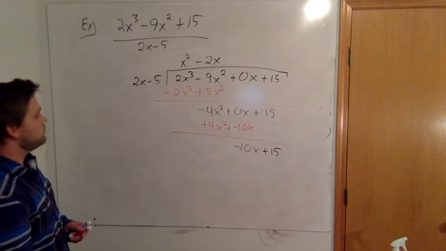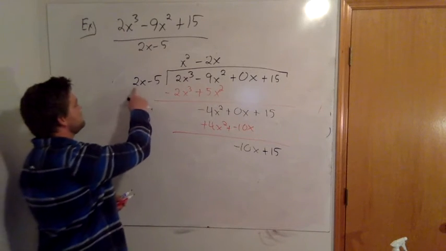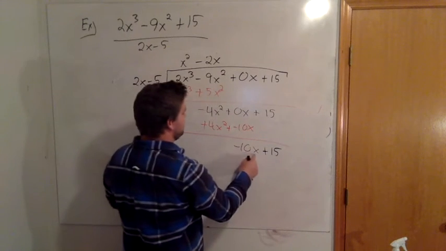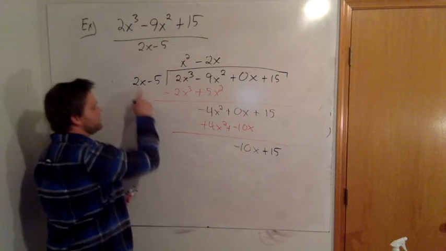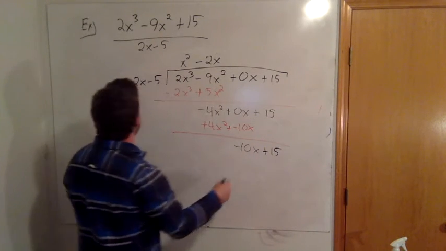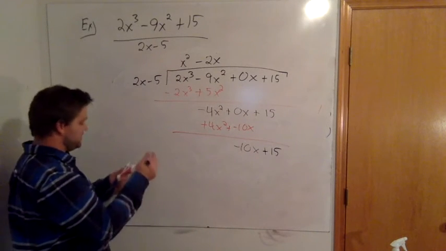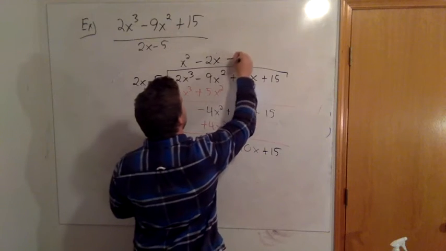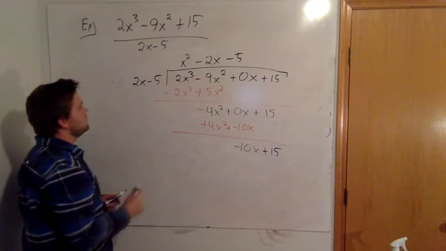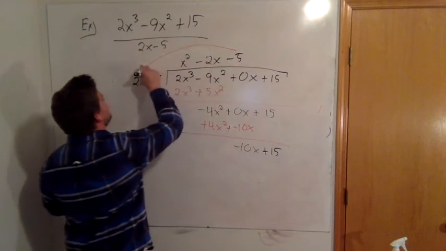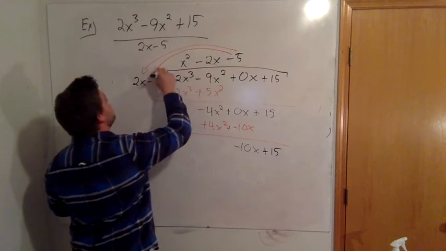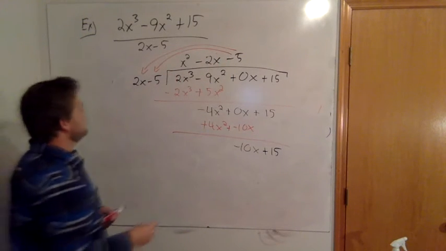So we'll ask ourselves, how many times does 2x go into negative 10x? Or what do I need to multiply 2x by to get a negative 10x? I hope you believe I need a negative 5. So we'll do the negative 5 times the 2x and the negative 5 times the negative 5.